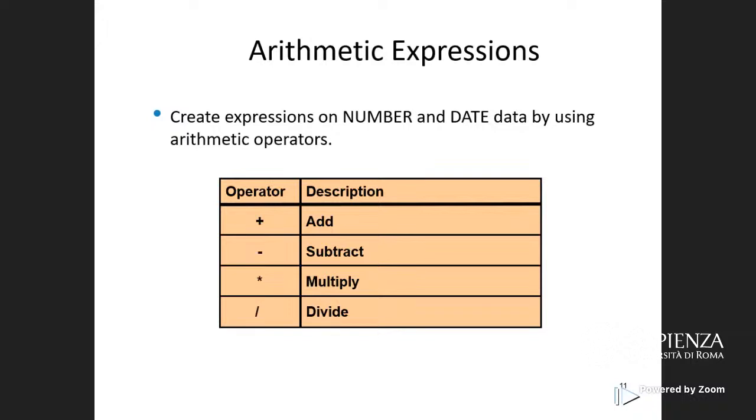Another thing we want to look at is arithmetic expressions. We are able to do calculations on number and date data by using operators. There is an order of precedence to these operations. The first is the operator, and then there's the description that you can see. So you have add, subtract, multiply, and divide.